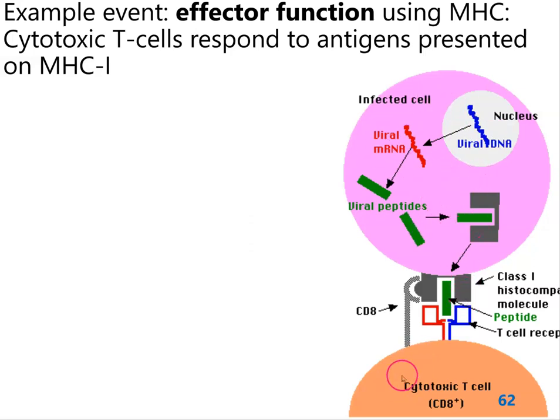And so if this cytotoxic T cell is responding to an infection of this virus, it's going to recognize this peptide. And it's looking, again, using its T cell receptor.